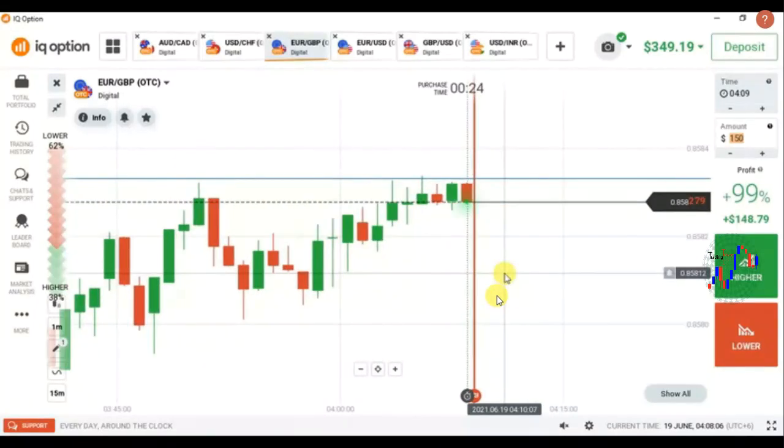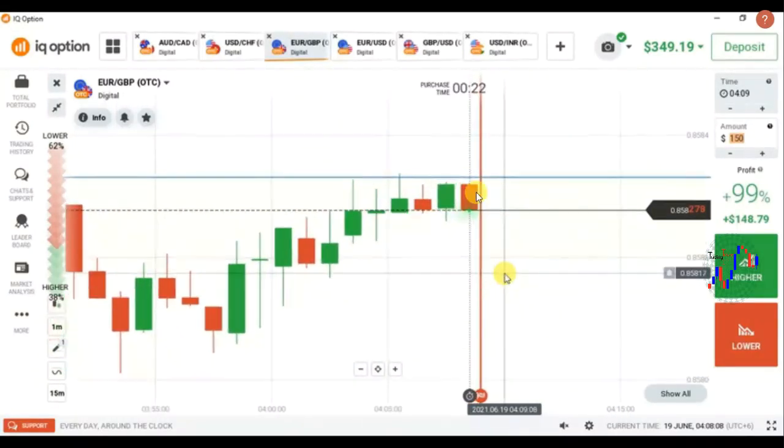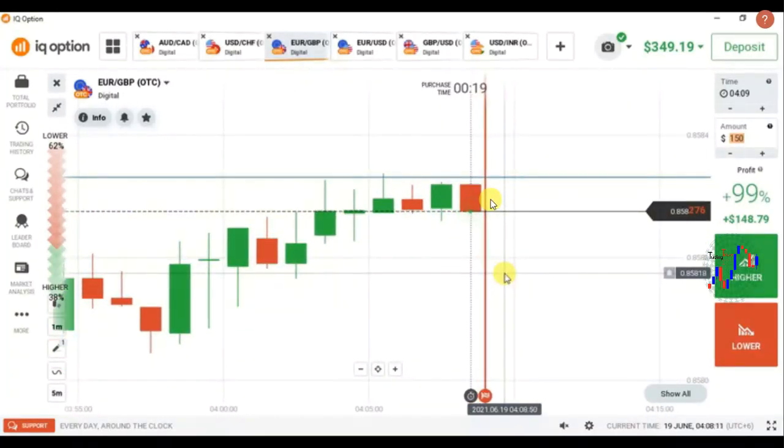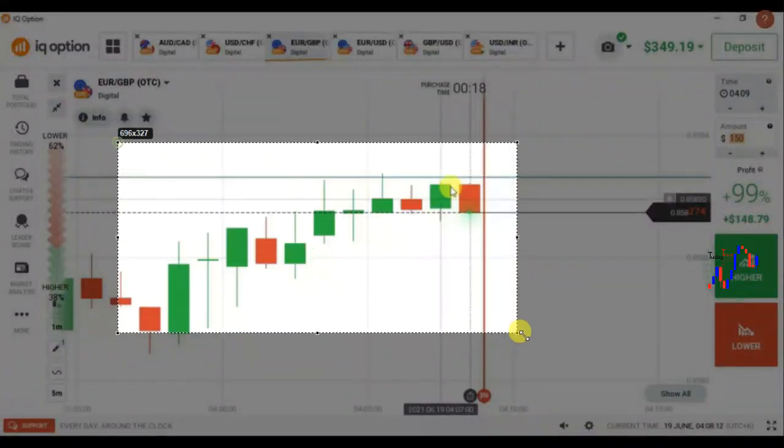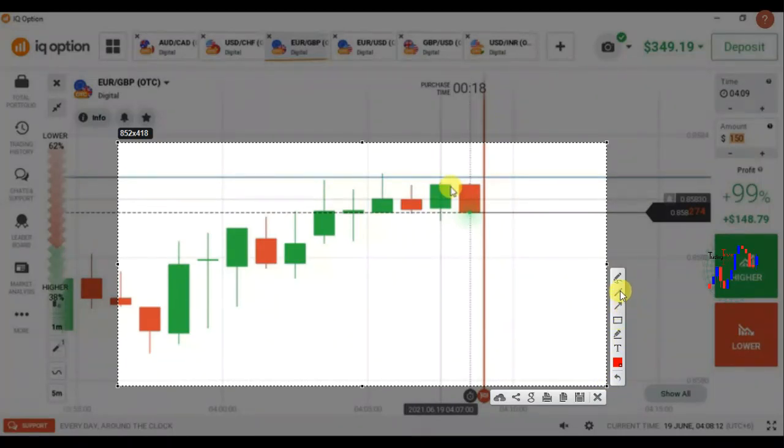Okay, sellers' entry, but I don't think this candle will close red because of this market movement. As you can see, after rejections, still we have buyers' entry.